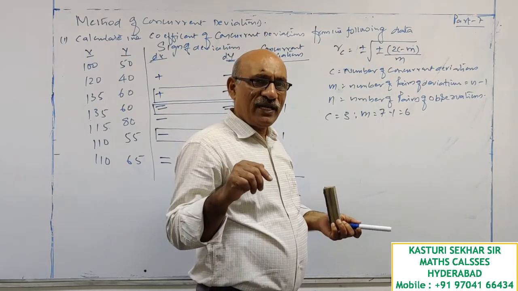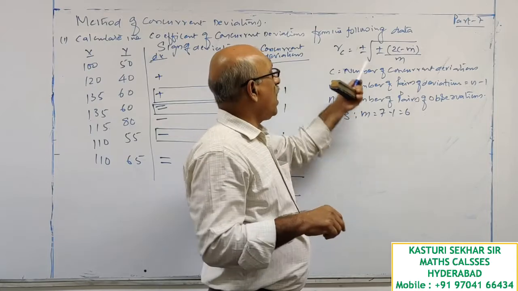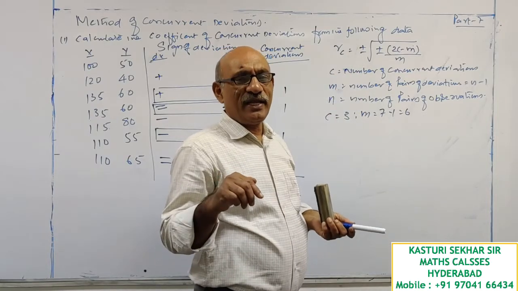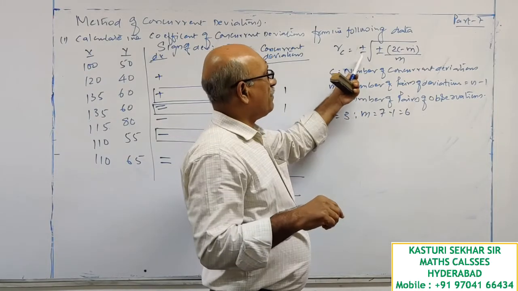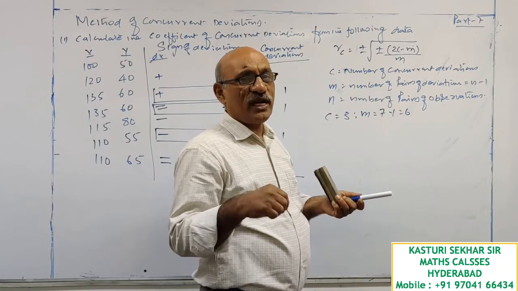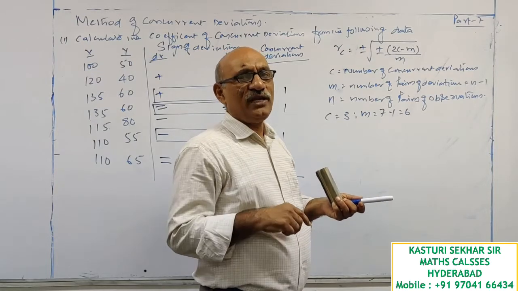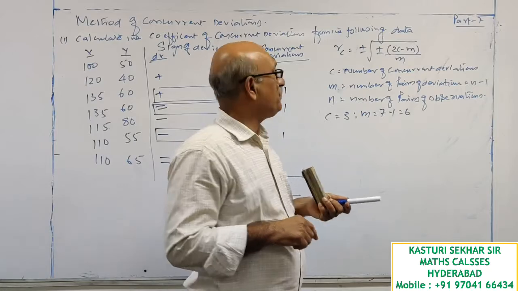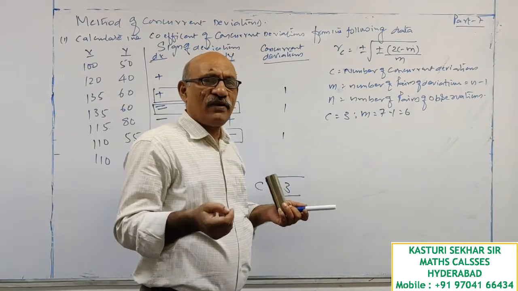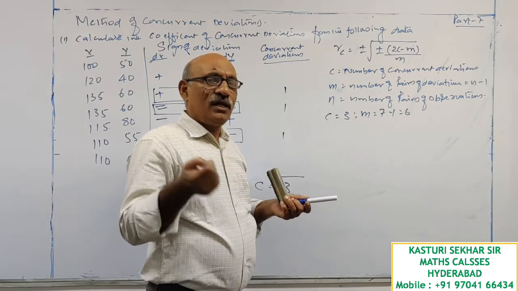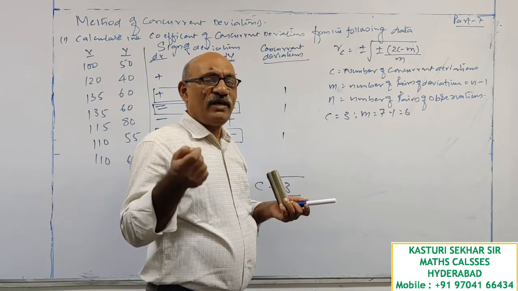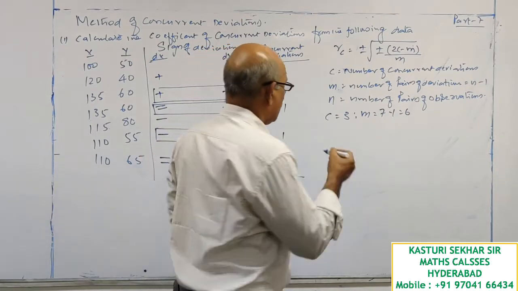When you have taken a minus sign inside the square root, outside the square root also I take a minus sign. The purpose of the minus sign outside the square root is that it tells you the nature of the relationship. That is negative: both the variables are moving in opposite direction.